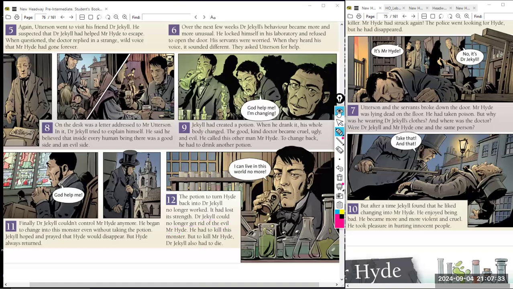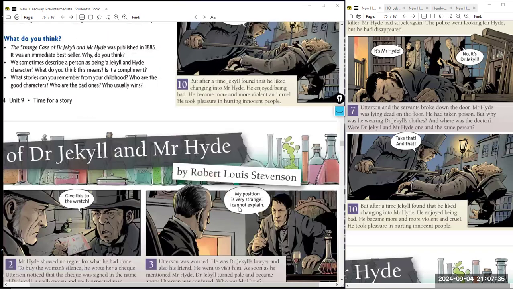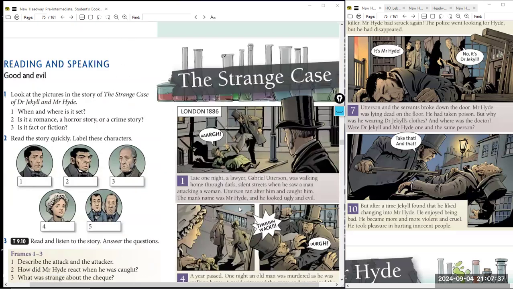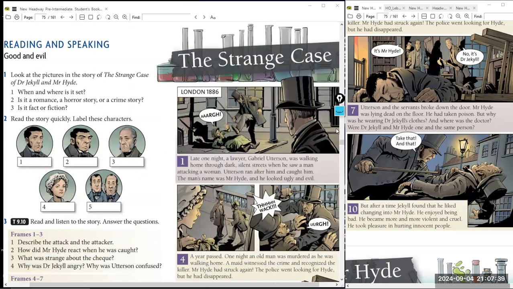Okay? So this is it about the questions about the story of Dr. Jekyll and Mr. Hyde. Now, let's try to know the characters that we have in the story. Who is this? Mr. Hyde.